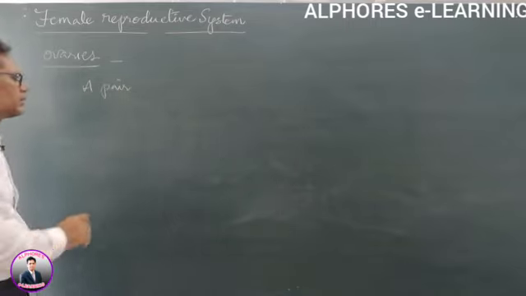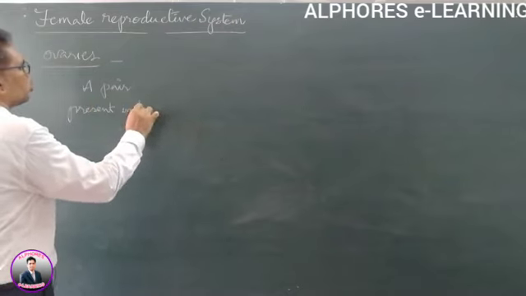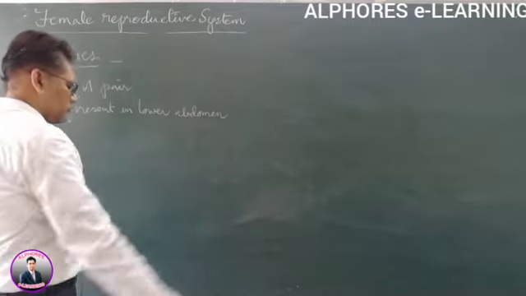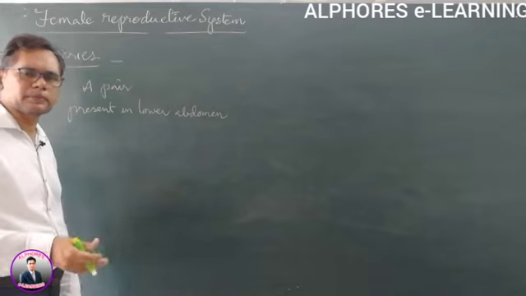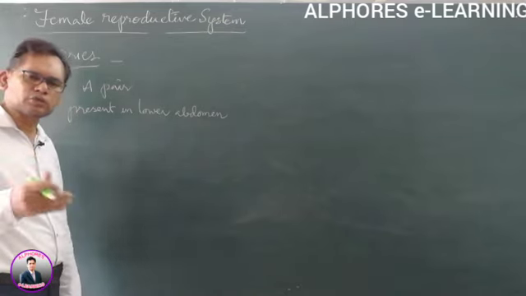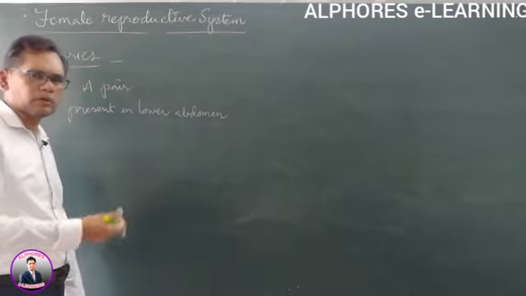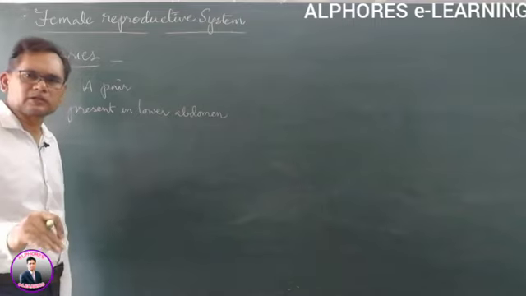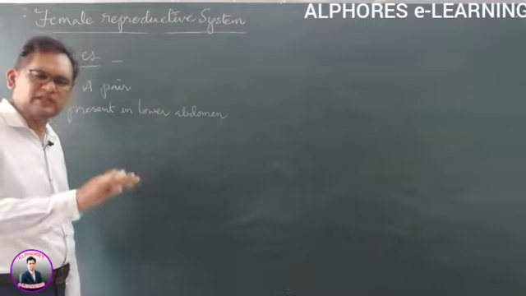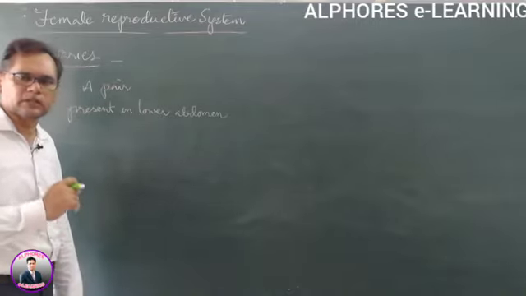They are present in the lower abdominal region, on either side of the vertebral column, attached to the dorsal wall. Like testes, they won't descend. After formation, they remain in the abdomen, present only in the lower abdomen.